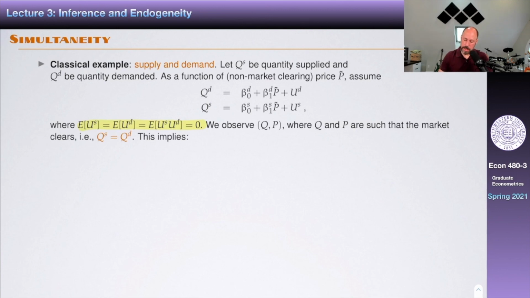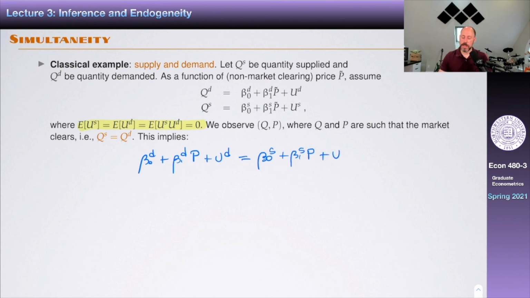And if we just write that, what we have is beta 0D plus beta 1D P plus UD equals beta 0S plus beta 1S P plus US. The market clearing price sets these two quantities the same.